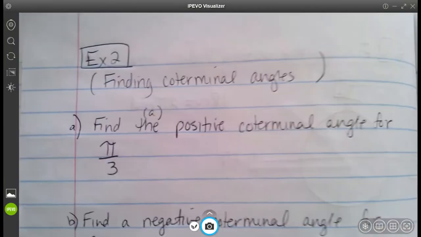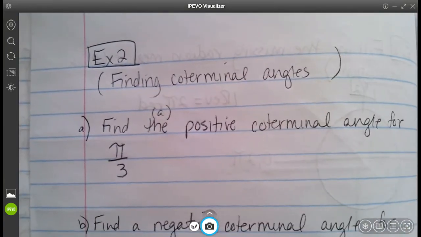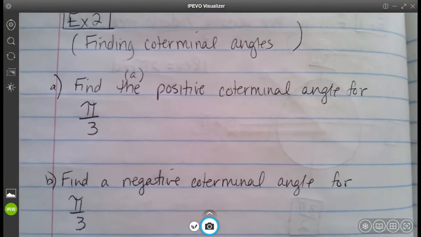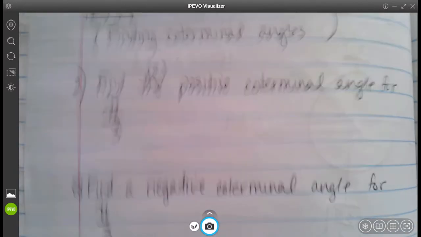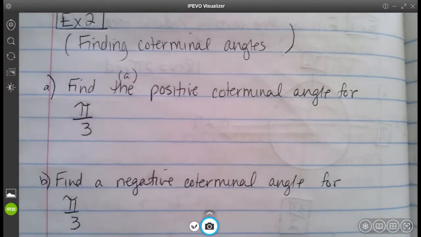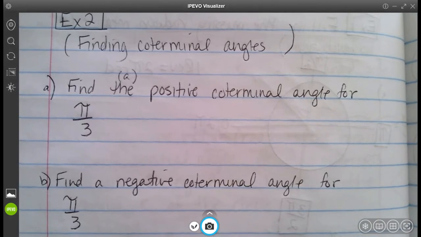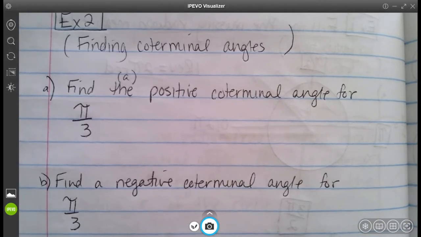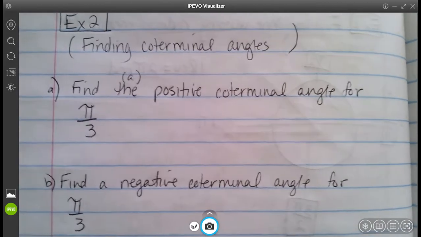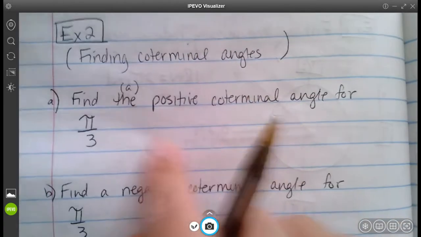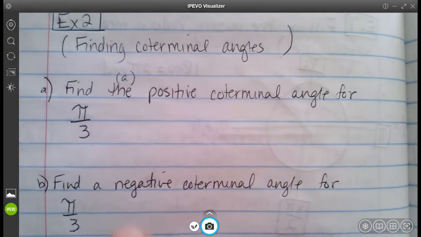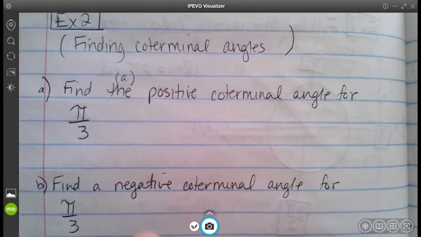Angle work now. This is example number 2. For these ones, we have to go a little bit back to our definition. Remember that coterminal angles is basically two angles that share the same initial and terminal side. So it can be going in the same direction, it can be going the opposite direction. As long as it lands in that same position, we're good to go.